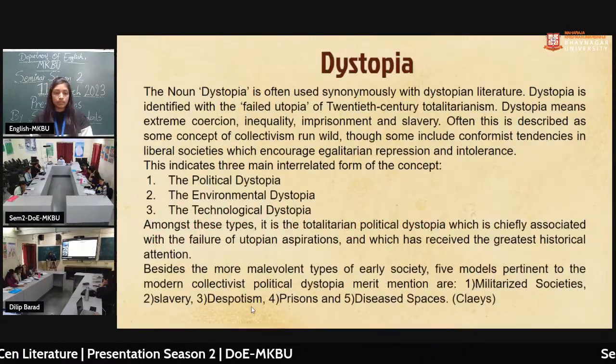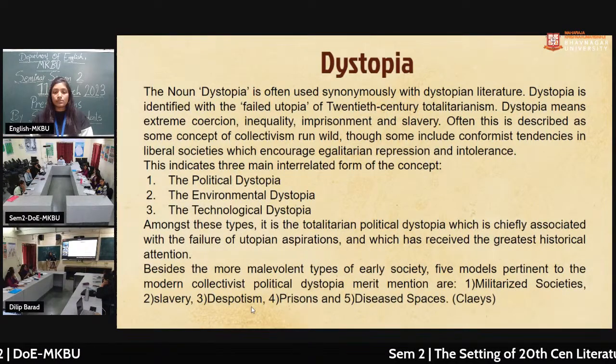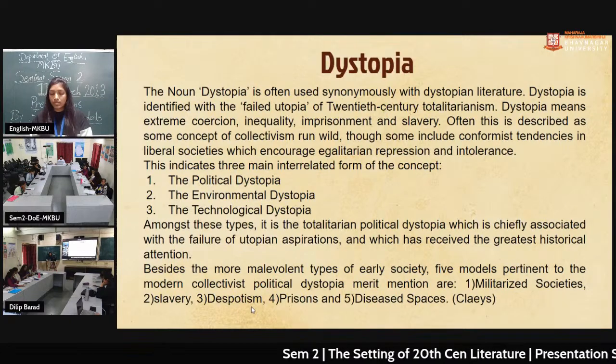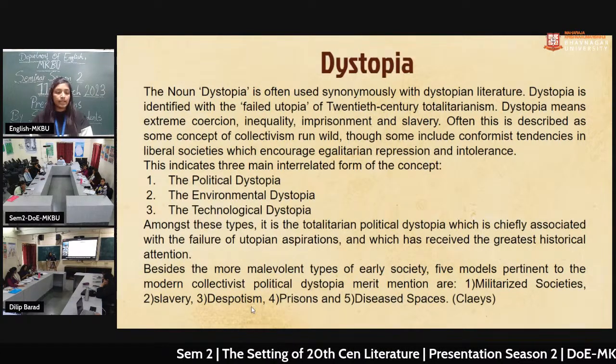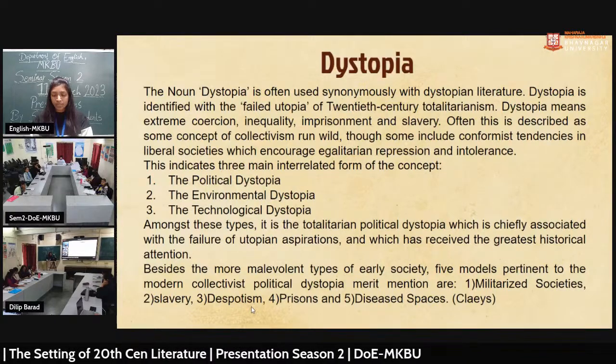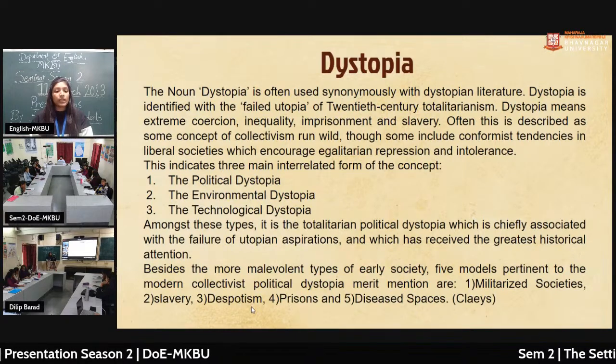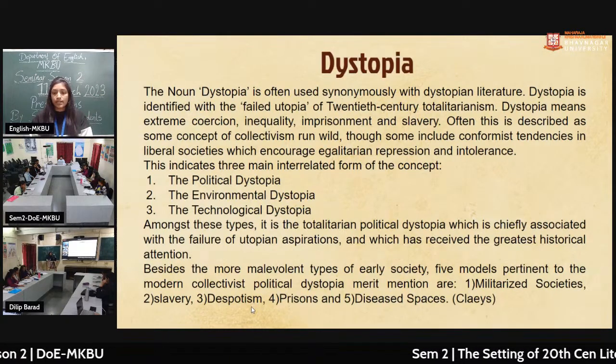Then dystopia, the definition. The noun dystopia is often used synonymously with dystopian literature. Dystopia is identified with the failed utopia of 20th century totalitarianism. Dystopia means extreme coercion, inequality, imprisonment, and slavery.